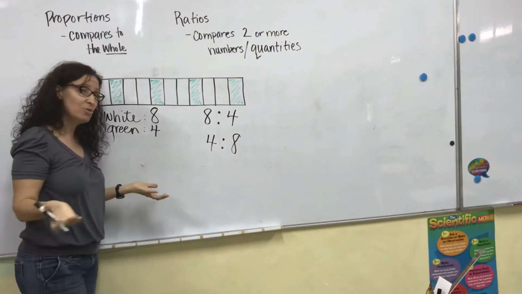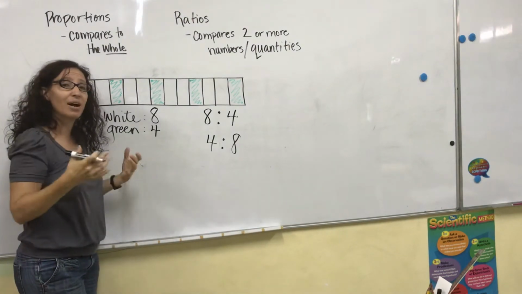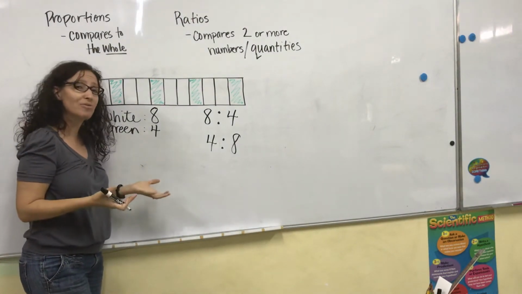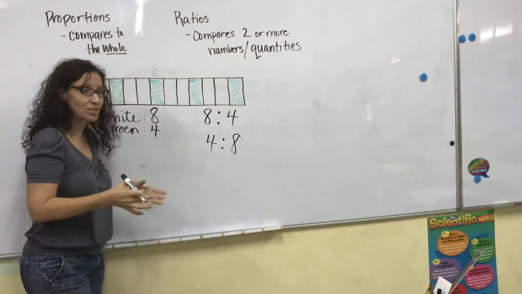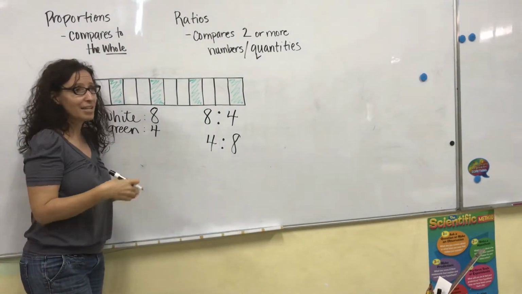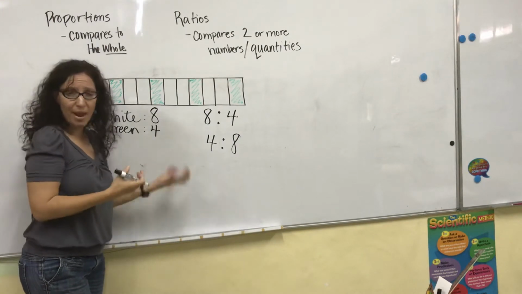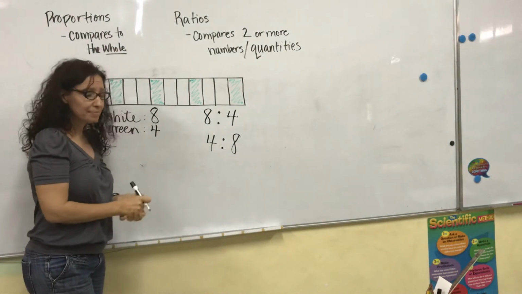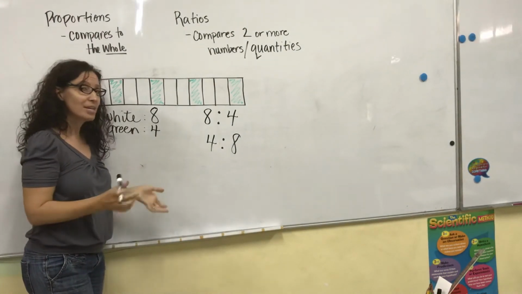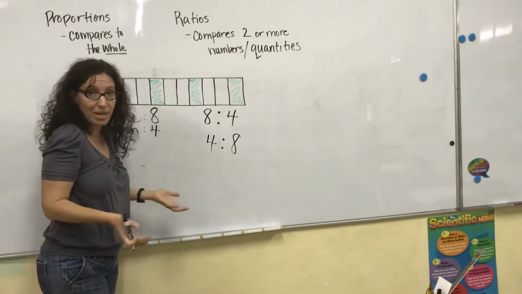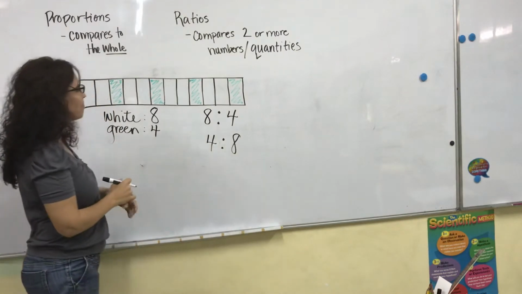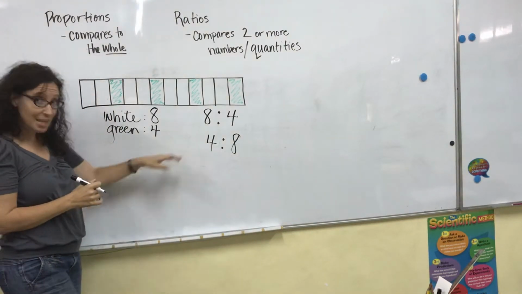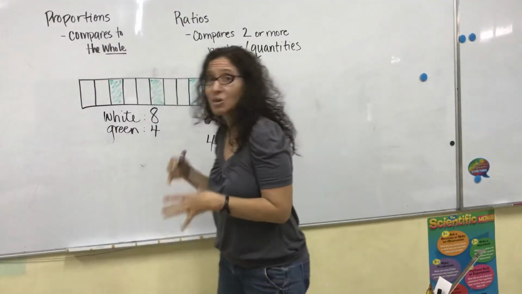Maybe this could be useful if you were trying to figure out how many bricks to use, if you were trying to make a patio in your backyard and you wanted to do a mix of white bricks with red bricks or something like that. Maybe you want to find out some ratios between the amounts of money you have. Those are some of the things you're going to do in your independent work today. So let's talk about how we can simplify this ratio.